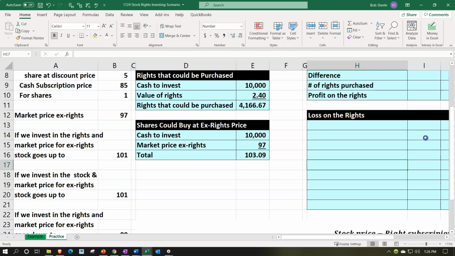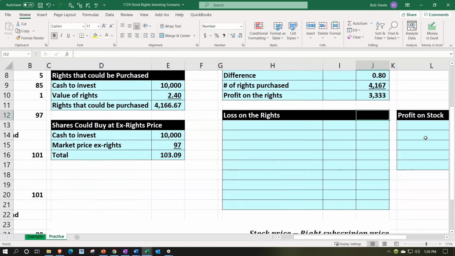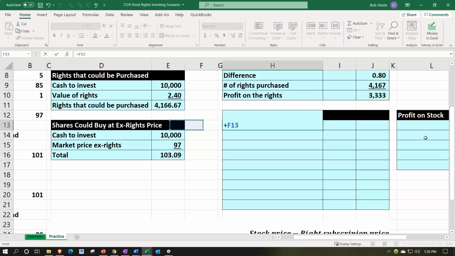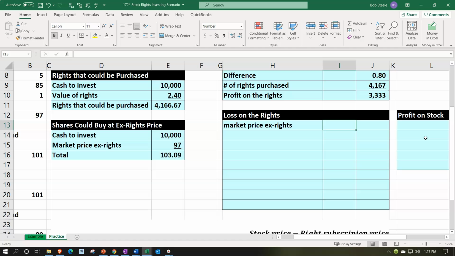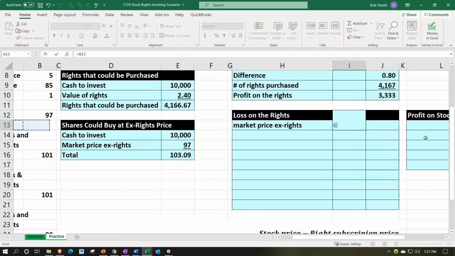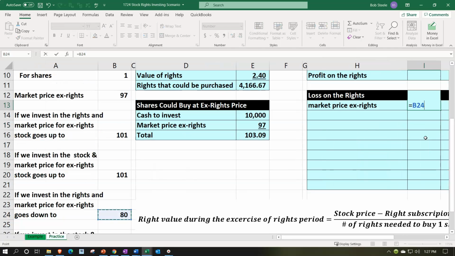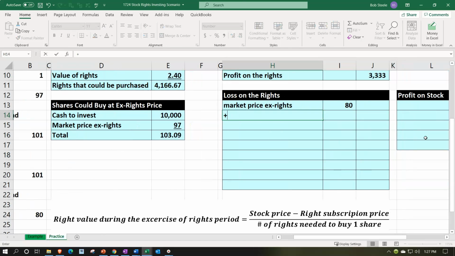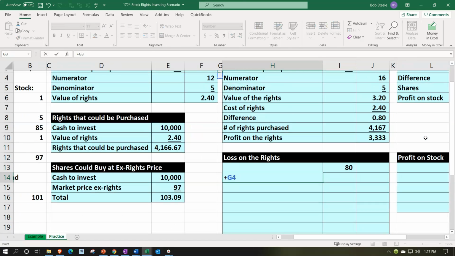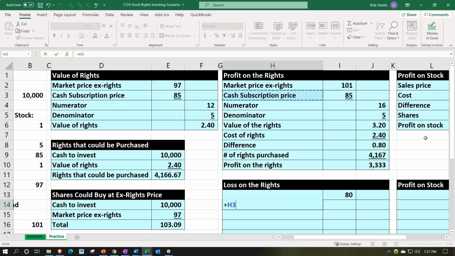Well, let's do the same calculation. The market price now is going to be, let's just type it in there. It's going to be the market price X rights, which we're now saying is 80, equal to the $80. Comparing that to the cash we need, let's pick it up top, same calculation up top.